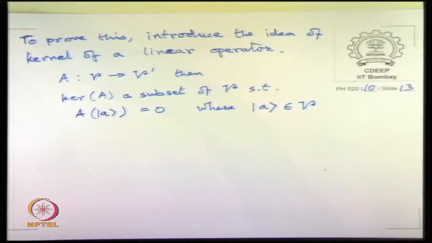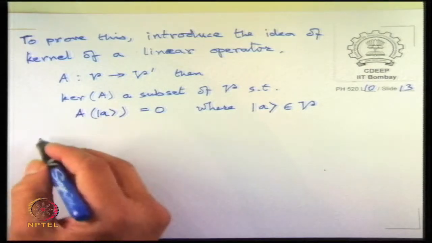Now an important property of this kernel of linear transformations is that it is one to one. So a linear transformation is one to one only if its kernel is 0.